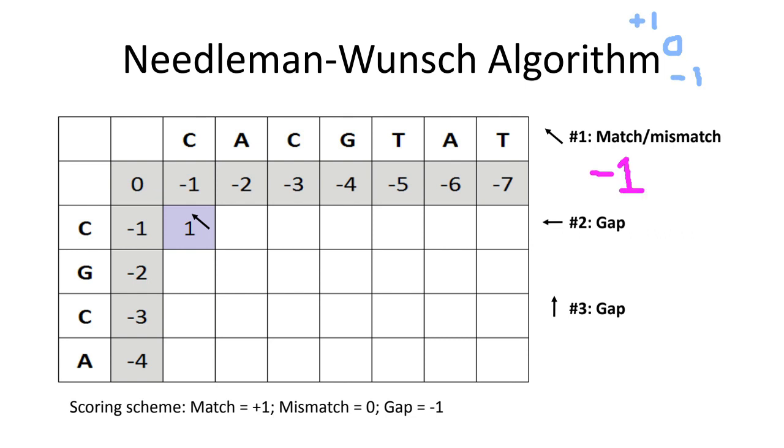All right, next one is horizontal. Anytime we're moving horizontally or vertically, it's a gap. And so we know what we're going to do for that one. We're just going to add -1. For this cell right here, if it's horizontal movement, we're adding a -1, but to what number? To the 1, exactly, the score that's horizontal from it.